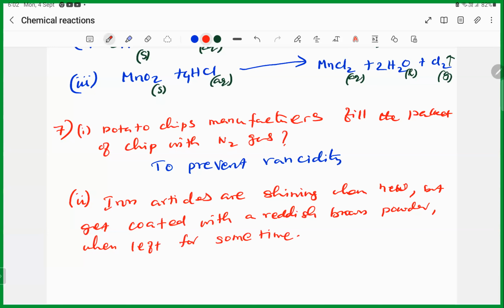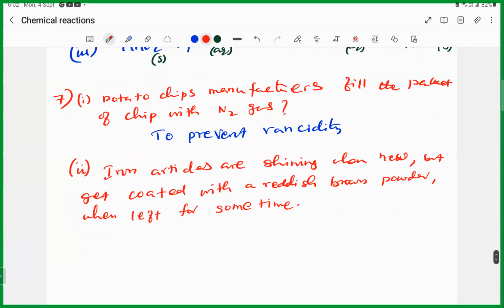Answer this question. Sir, when the iron article is kept for a long time without any use, it gets rusted brown.